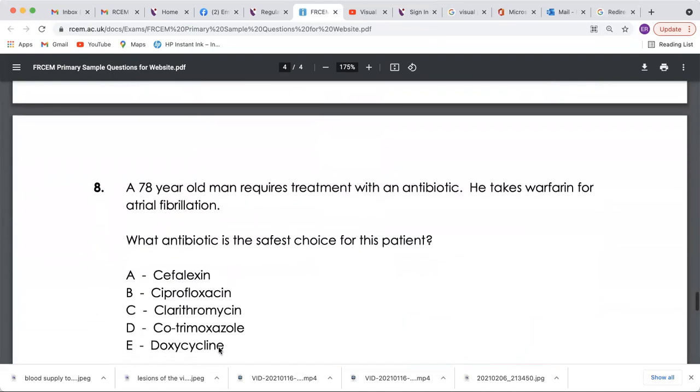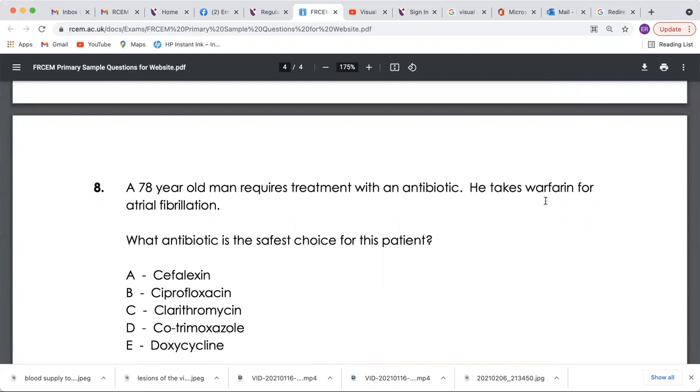Next question, again, looks like an antibiotic related question. A 78-year-old man requires treatment with an antibiotic. He takes warfarin for atrial fibrillation. Same as the previous question, like P450 questions. See, even in the sample questions, they put two questions with enzyme inducers and inhibitors. So I'm pretty sure you will get one or two questions based on this list.